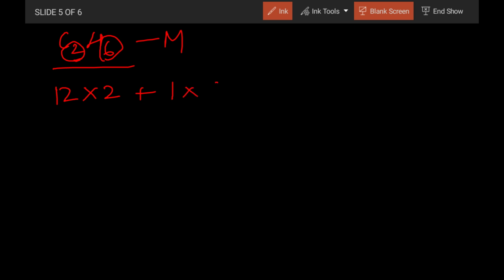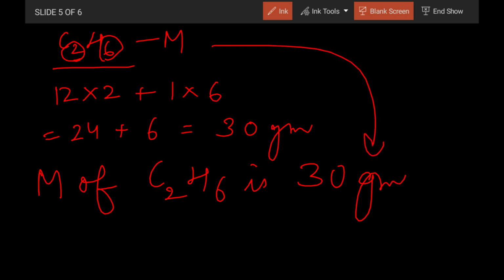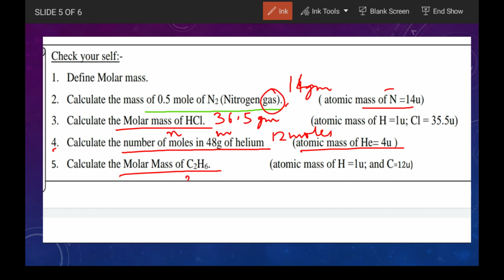So we multiply with 6, we'll get 24 plus 6 is equal to 30 grams. So molar mass of C2H6 is 30 grams. So you can calculate molar masses like this anywhere by this technique. So we'll write down the answer here, 30 gram.